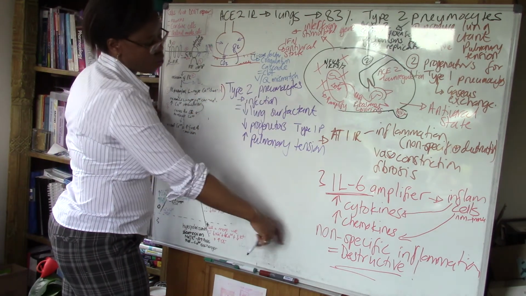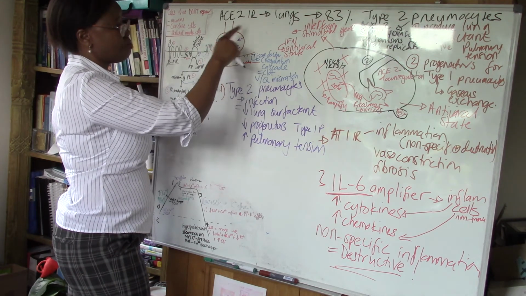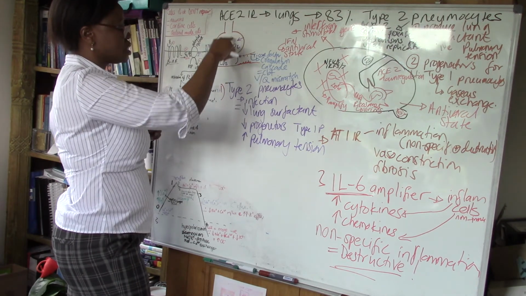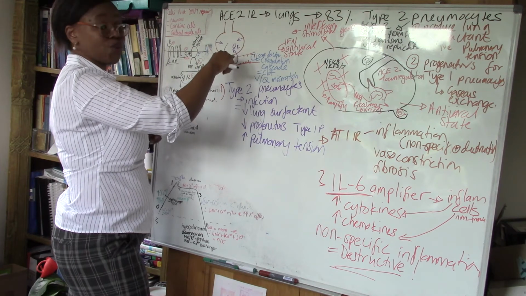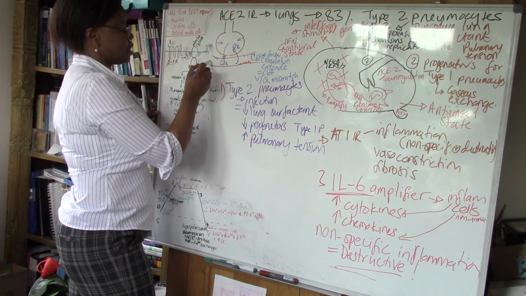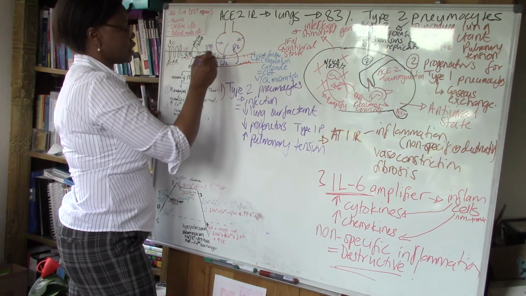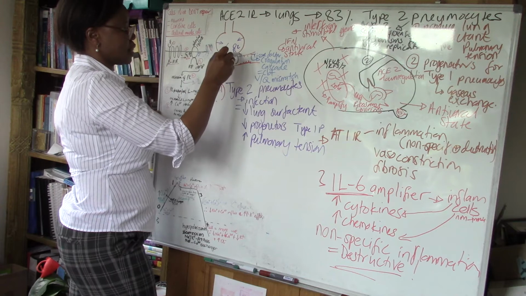Also, because anyhow there is destruction there, these little alveoli are being destroyed, oxygen is not able to get through, because as inflammation occurs, fluid builds up and escapes into the interstitial space.